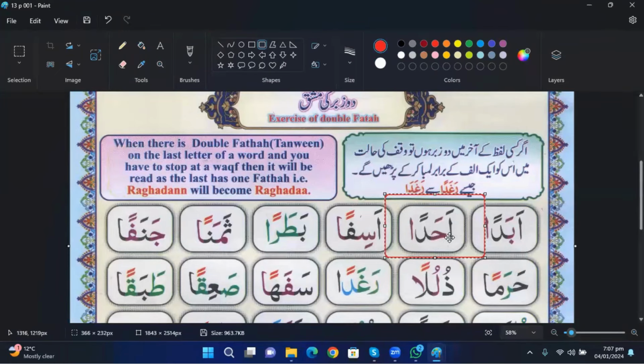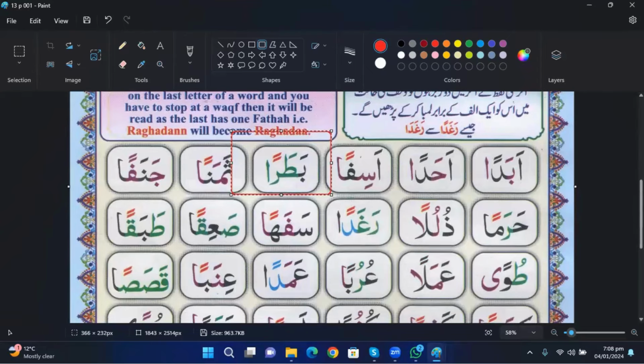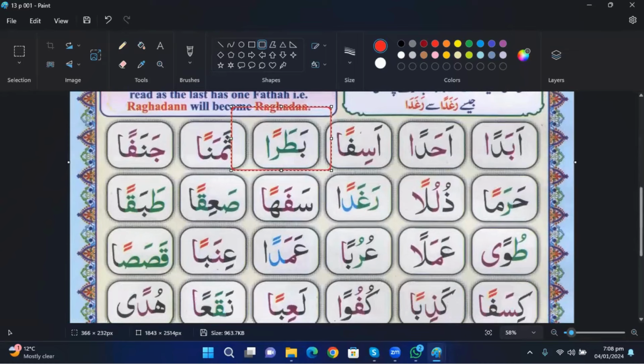So it will become ahadan, and in stop condition it will become ahada. The same as when you have to do asifan, arbataran. You can tell them that ta will be read with full mouth and ra double fatha will be read with nasal sound. All other letters you need to expand like that.